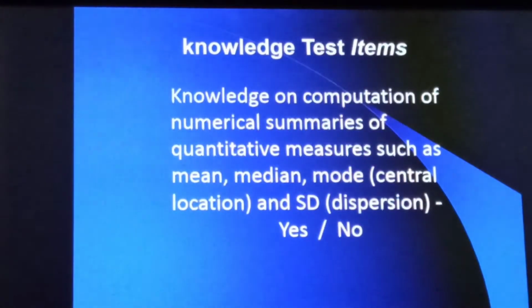Now this is a knowledge test item: knowledge on computation of numerical summaries of quantitative measures such as mean, median, mode, and standard deviation. We all must be aware of them because it is in the schooling syllabus. The only difference is that we will get to know which measure of average is to be applied in what context in medical data.